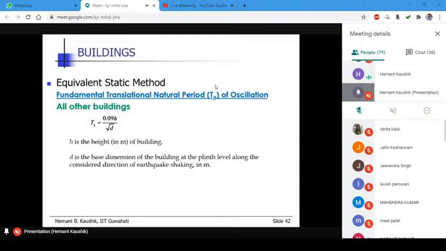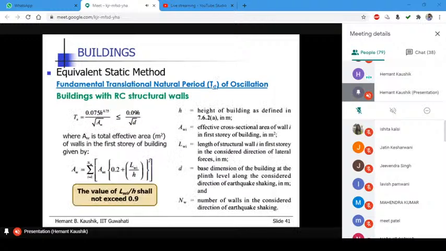So this is the similar equation that was there previously in the code. Now I am assuming that you know about this equation because it is very simple. It is a function of length of the wall, height of the wall, and area of the wall. That's all. So you can very easily compute all these terms.